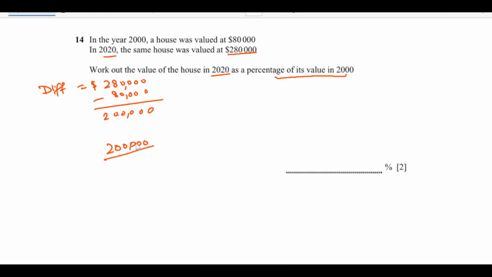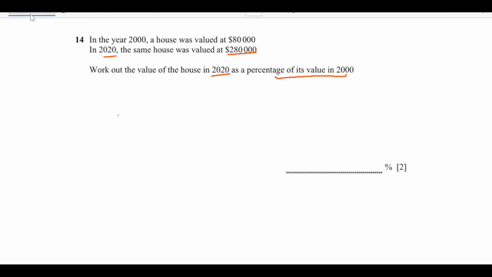We have to work out the value of the house in 2020 as a percentage of its value in 2000. I think no, we are not going to subtract, as we are just looking for the fraction, we are not looking for the difference in percentage actually, sorry.